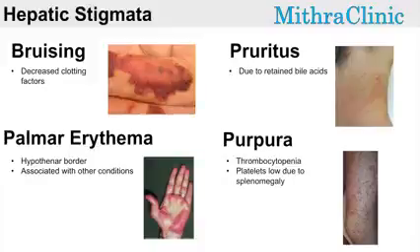The spleen can degrade platelets and red blood cells, and when we have an enlarged spleen, it can start to degrade too many platelets. We then get thrombocytopenia, which can lead to petechiae and purpura in these patients.